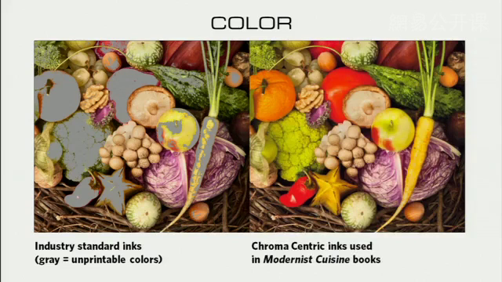Here's the full picture. You can see it happens mostly in highly saturated colors. Look at the tomato, look at the orange, even that chartreuse green of the cauliflower. You can't get those colors unless you buy the fancy ink. So, what the hell, let's buy the fancy ink.